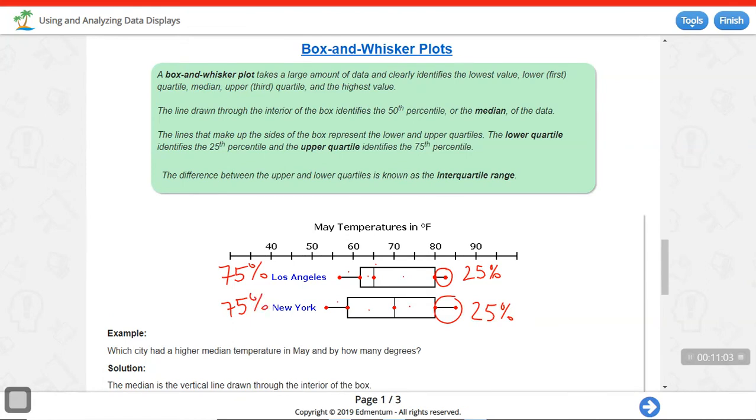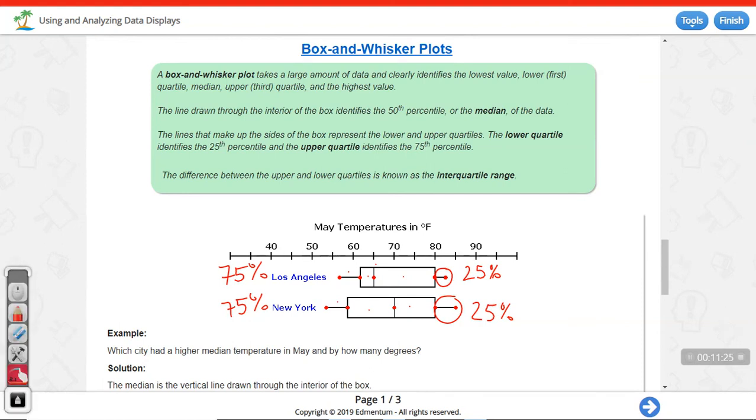Even though New York's box and whisker stretch further than Los Angeles's, we still have 3/4 of our data less than 80, so 75% of the data was less than 80. They're just more spread out in New York. New York seems to have a bigger range of temperatures in May.